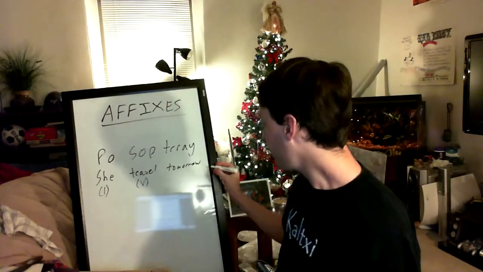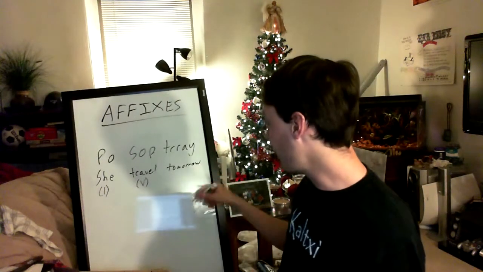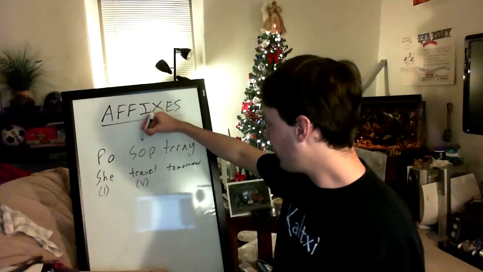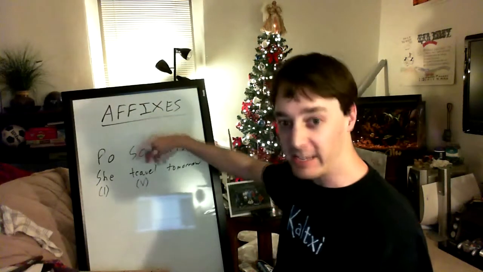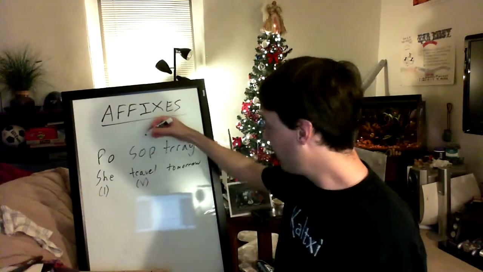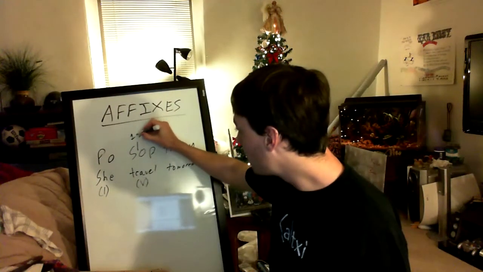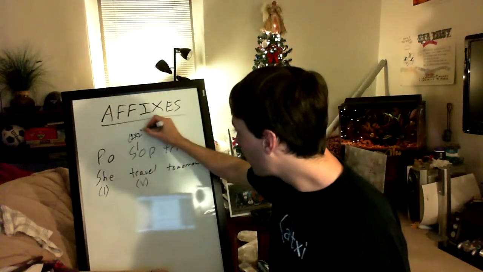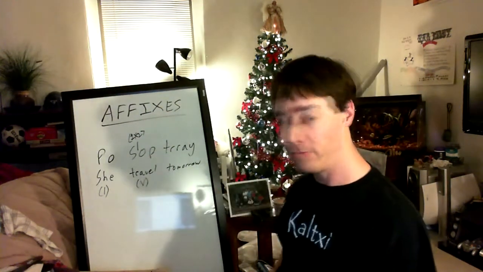And then this is, I guess it's an adverb in this case. So this is a single syllable word. So that's where 1 and 2 go, right before the O in "so."